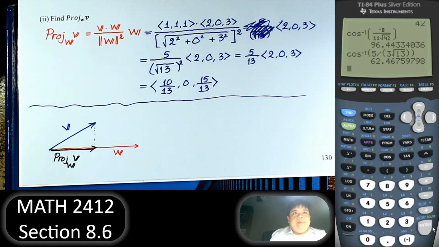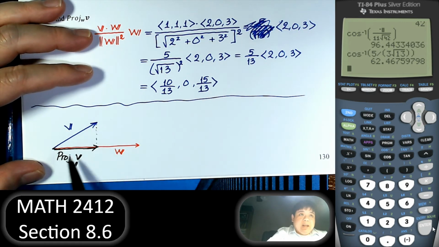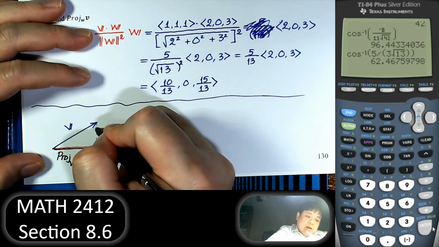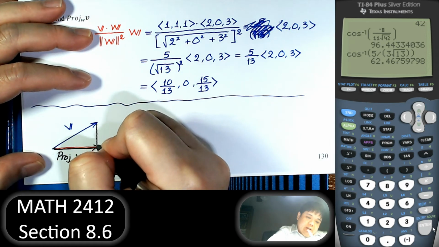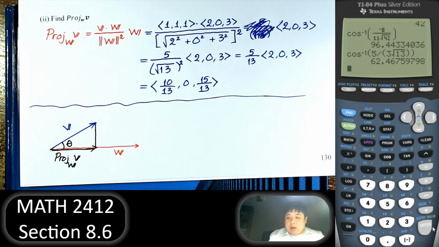Now let's check. What we have is the magnitude of V and the magnitude of the projection of V onto W will form the triangle, and this is the angle between the two vectors. So that is the way we can check.